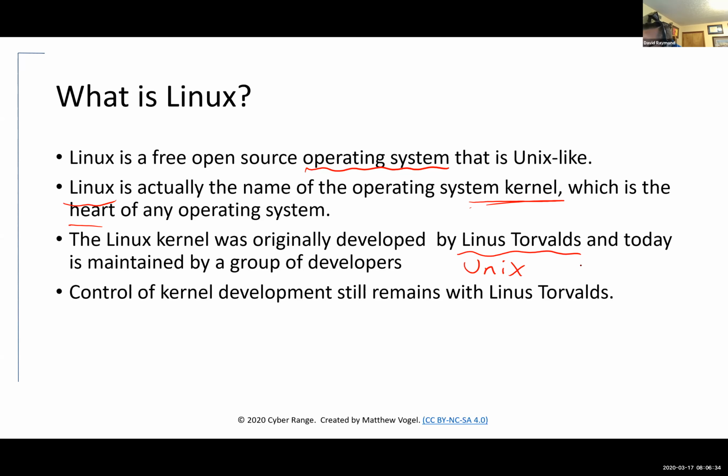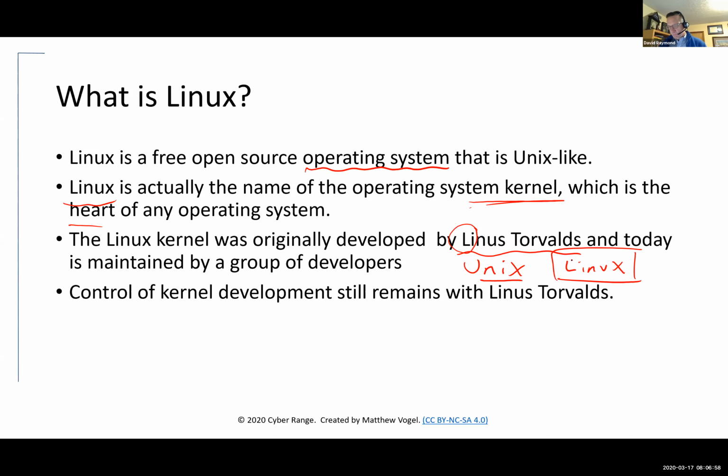So when he named his operating system, he took the Li from his name, and then he took the nix from Unix, changed a little bit. So he called his kernel Linux. That's where that name comes from. Kind of an odd name, but it's a mishmash of these two different words.